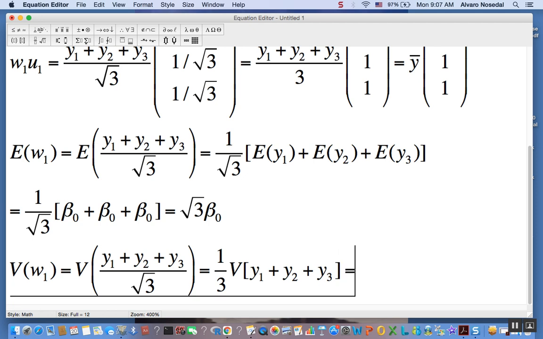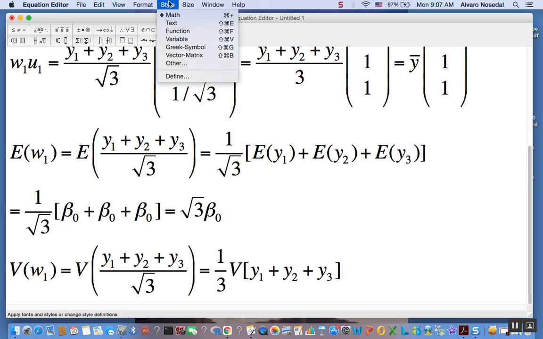And what we know is that the variance of a sum of independent random variables is the sum of variances. So that's important.